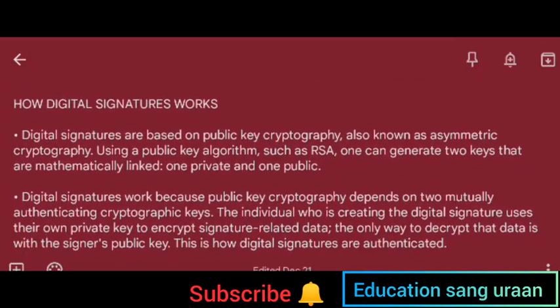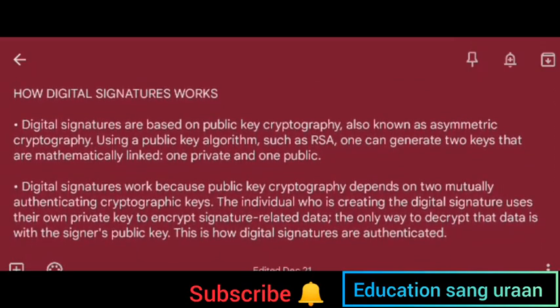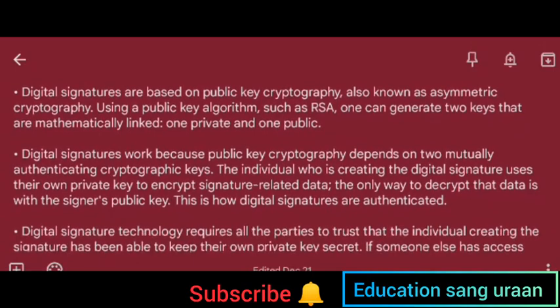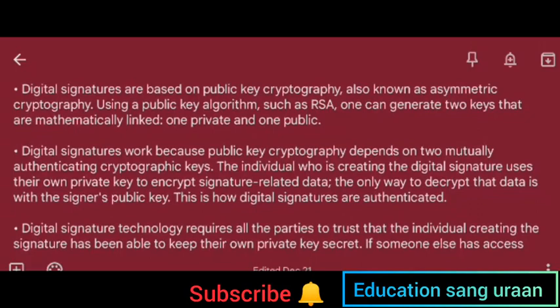How do digital signatures work? Digital signatures are based on public key cryptography, also known as asymmetric cryptography. Using a public key algorithm such as RSA, one can generate two keys that are mathematically linked, one private and one public.